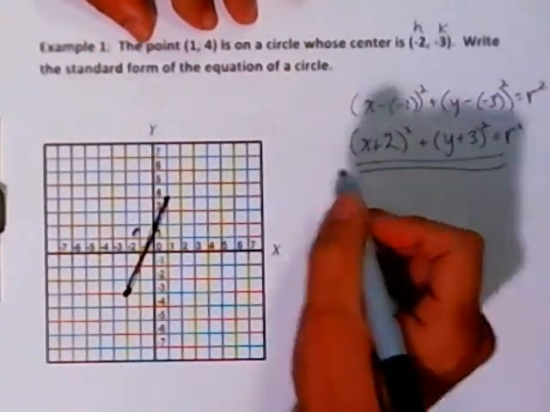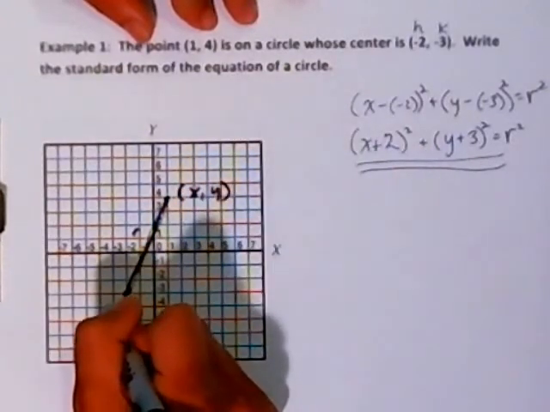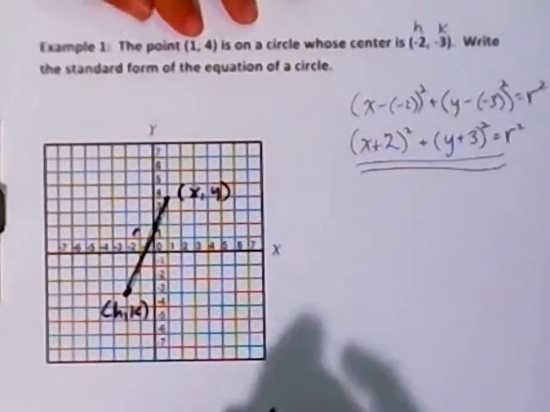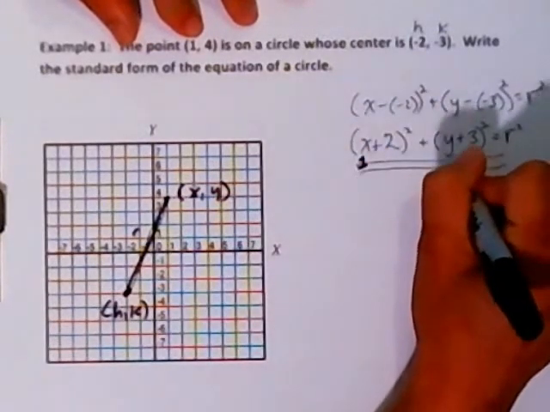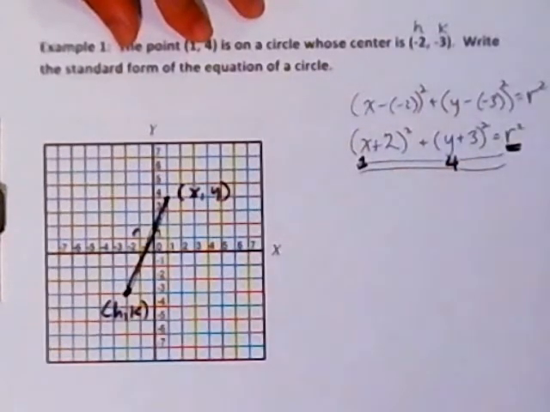There's your coordinate x comma y, and there's your center, h comma k. I'm just going to put in 1 for my x and 4 for my y. We have to figure out what the radius is.